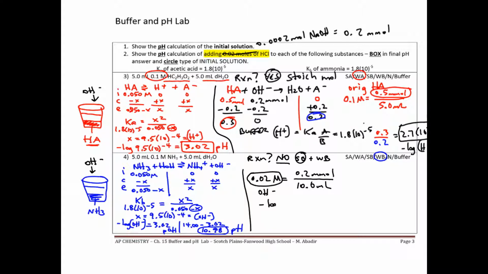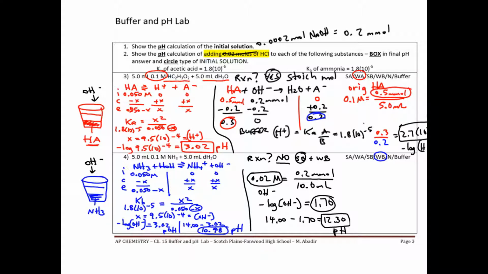So if I take the negative log of OH minus, that'll give me the pOH, which is 1.70. But I want the pH, so I do 14 minus 1.70, and I get 12.30 pH, which makes sense because this is a basic solution.